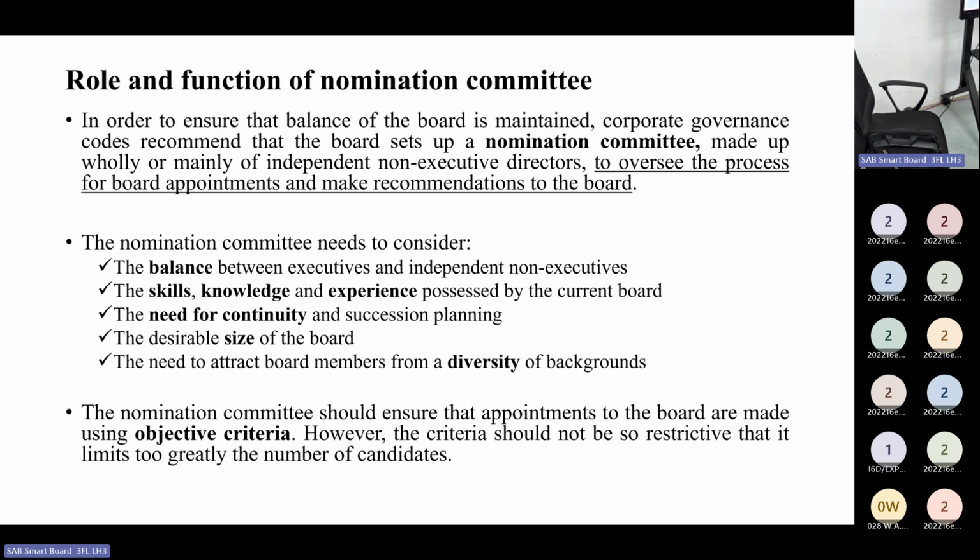However, the criteria should not be so restrictive that it limits too greatly the number of candidates. If you set very high criteria, we might not be able to select people because not everyone meets them. For example, if for the board you are going to appoint only PhD candidates, that is a very high criteria.